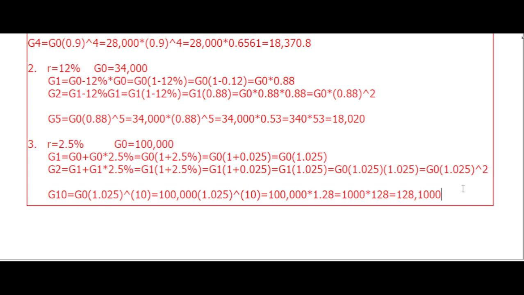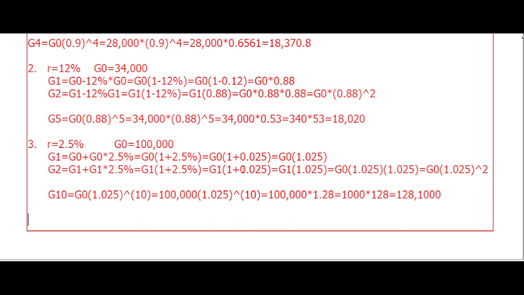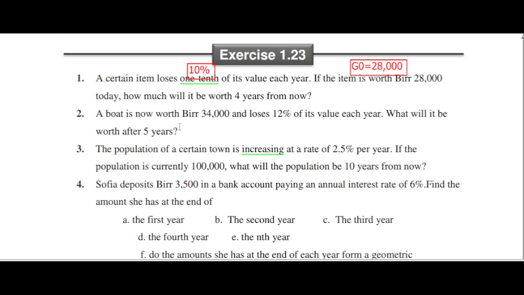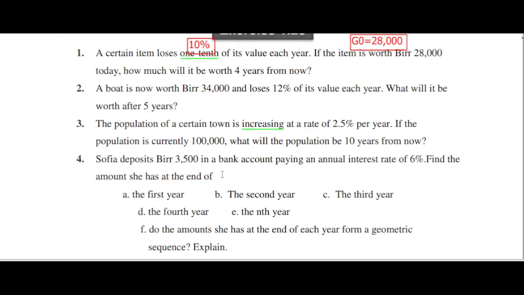Now let's go to question number 4. Number 4 states: Sophia deposits 3,500 in a bank account paying an annual interest rate of 6%. Find the amount she has at the end of the first year.